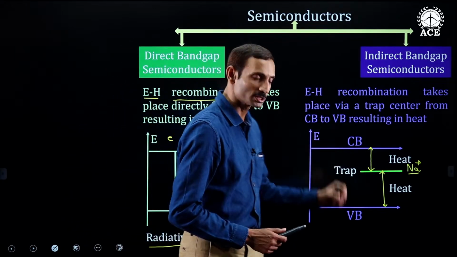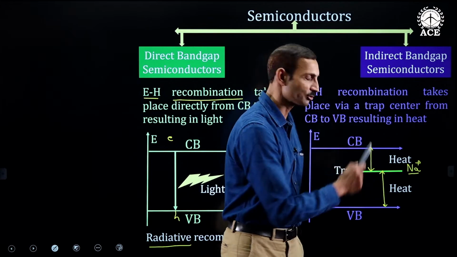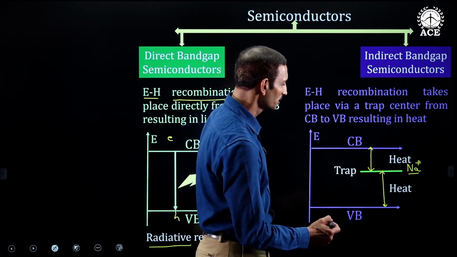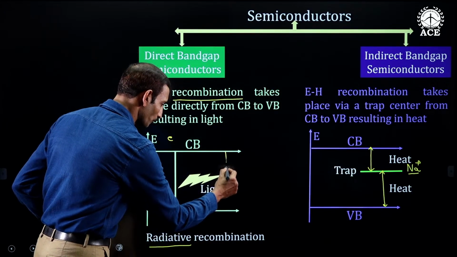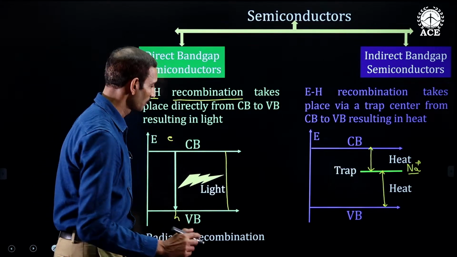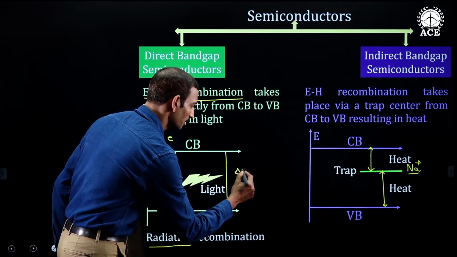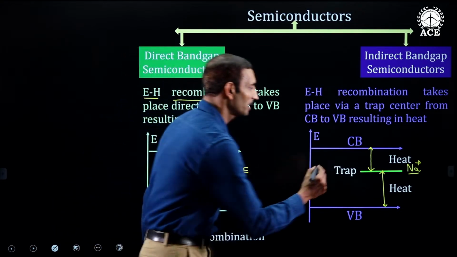Now coming back to these transitions. There is a transition that takes place from the conduction band to the trap center. When you compare, the transition took place from the conduction band to the valence band straight away, where this delta E, the energy difference, is large compared to that of the two delta E's here.